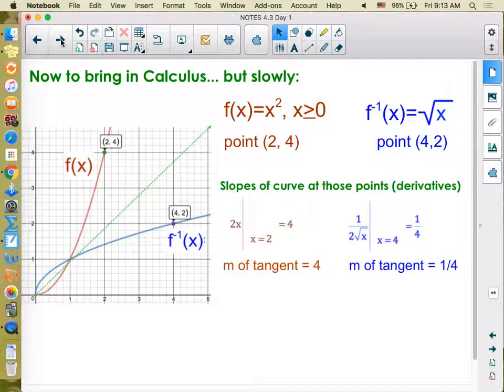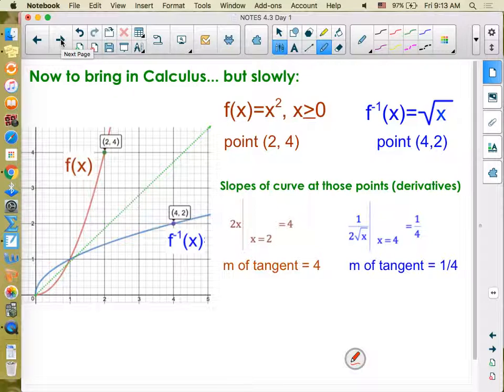And here's what else I would know. Whatever the slope is at (2, 4), I went and calculated it, took the red function's derivative, which is 2x, and evaluated it at x is 2. The slope of the tangent there is 4.